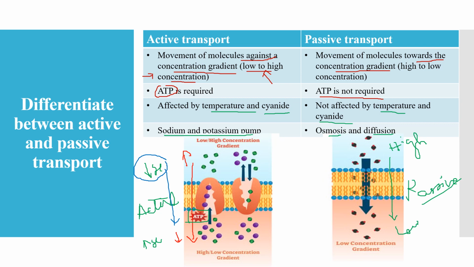This is the differentiation between active and passive transport. In active transport, molecules move against the concentration gradient, from low to high concentration, with the expenditure of ATP, whereas in passive transport molecules move towards the concentration gradient, from high to low concentration, and it is not unusual, so ATP is not required.